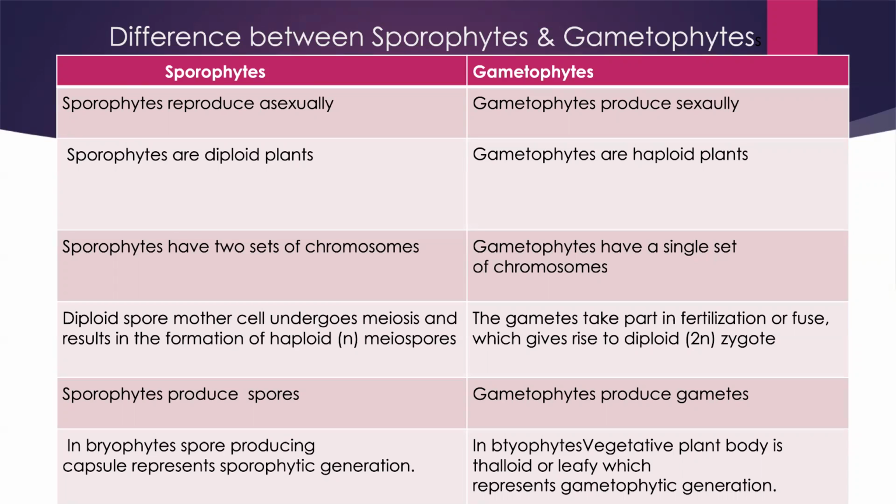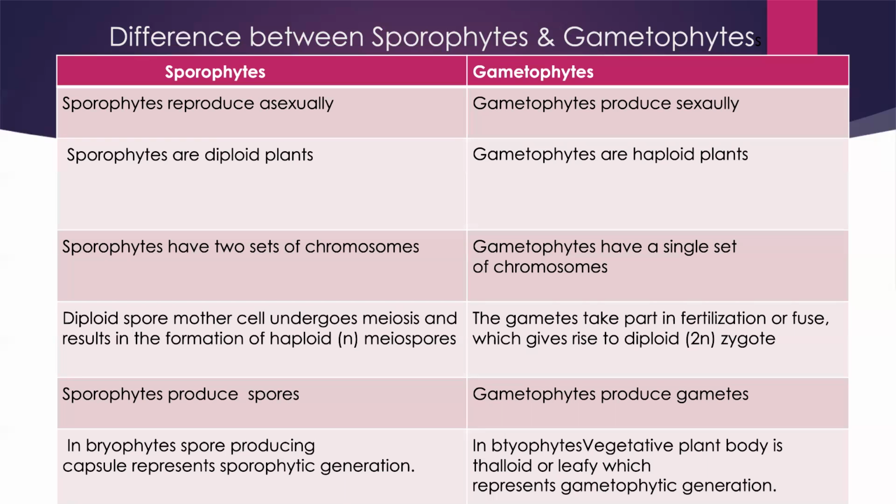While in the case of gametophyte, gametes fuse together by a process of fertilization and give rise to a diploid zygote which contains 2n number of chromosomes. Okay, sporophytes produce spores and gametophytes produce gametes. In the case of bryophytes, the spore producing capsule represents the sporophytic generation.